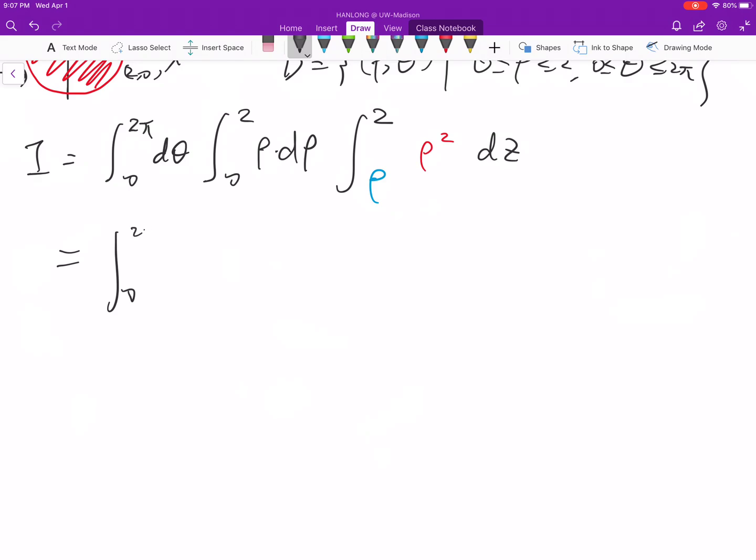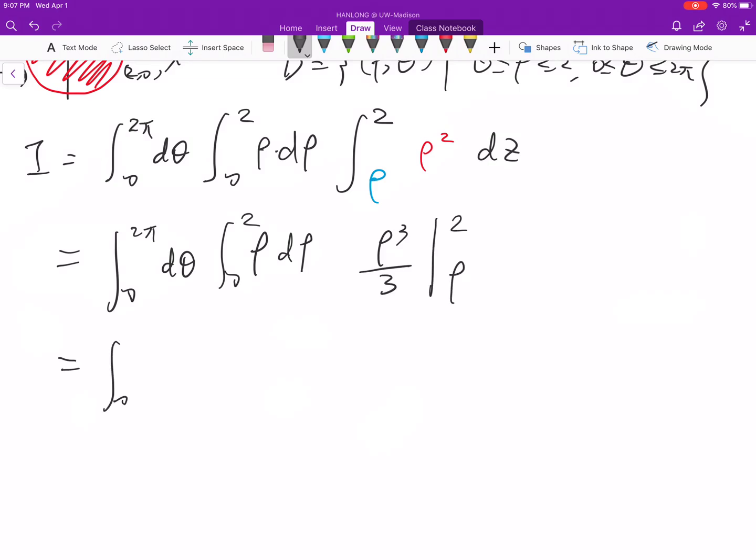Okay, then you have 0 to 2 pi d theta, and rho squared. Sorry, here you have a mistake, and I went too fast. First integrate z cubed over 3 from rho to 2, and 0 to 2 pi d theta, 0 to 2 d rho, rho squared z, so rho cubed times (2 minus rho).